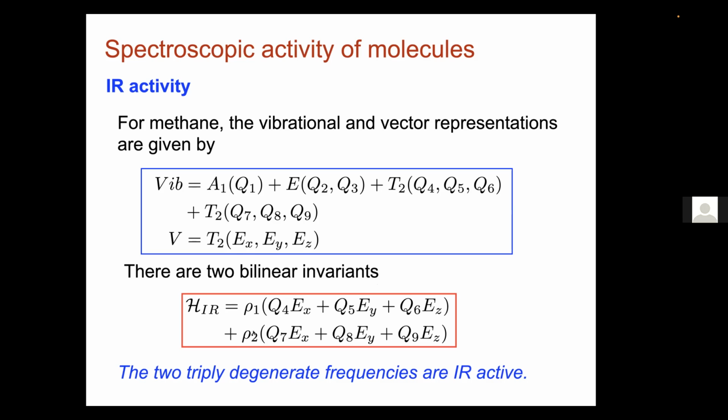Remember that group theory only tells you when a coefficient must be zero. That's the only information that you can get from group theory. So it tells you that any other bilinear, the coefficients have to be zero because they're not invariants, okay? But it never tells you the value of these coefficients. To compute the coefficients, you need physical input, okay?